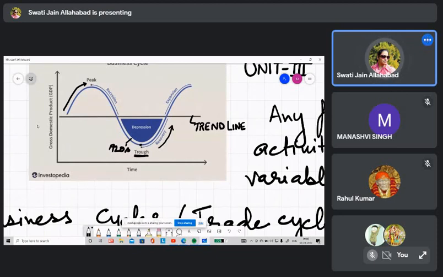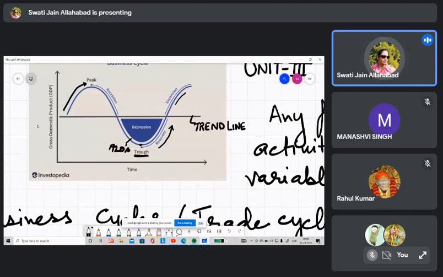Maybe currently, as you understand from the media, through the articles and news reports, there is a recovery in the economy. Expenditure is increasing gradually, employment is rising gradually. And then after recovery, there is a stage where the economy even crosses the trend line, surpasses the trend line, moves above the trend line.